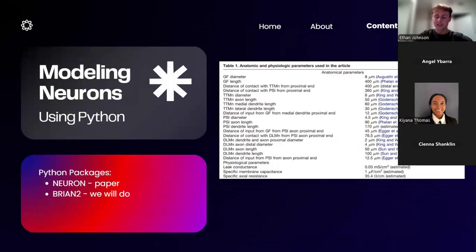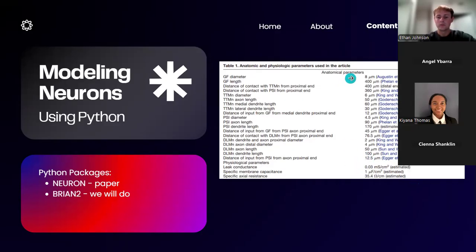So modeling neurons. When we're modeling these neurons, all of this model is based off of real physiological properties from these fruit flies. So we can see over here on the left all of the different papers that they used to find the numbers for their properties.